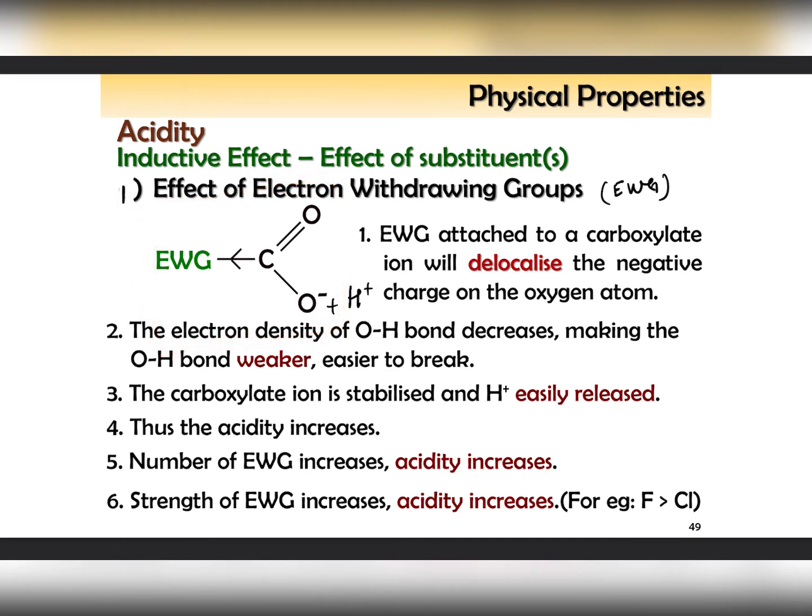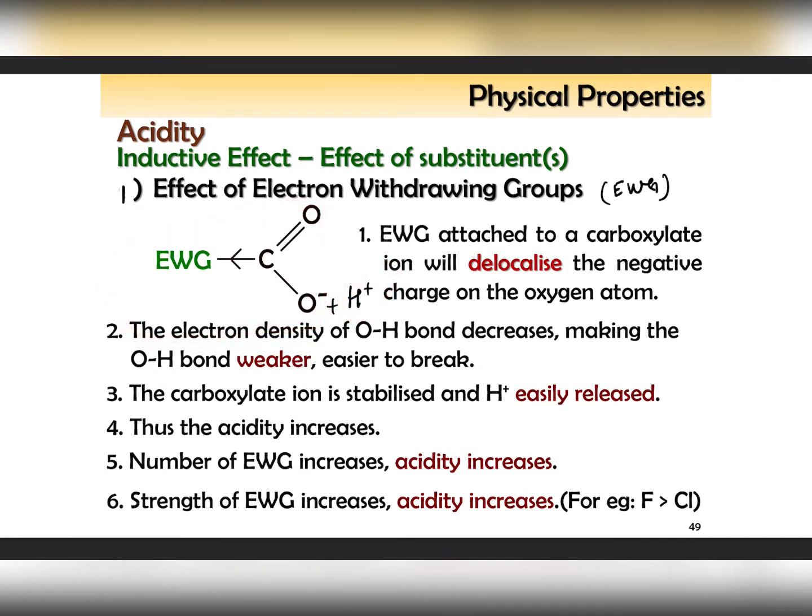So bila concentration of H plus ion tu tinggi, that means the acidity increases, and kalau kamu ada the number of electron withdrawing group increase, lebih banyak, the acidity will also increase. Okay, sebab dia akan lebih menarik the electron density towards electron withdrawing group and make the OH bond just now becomes weak and easily to be break and form carboxylate ion and H plus ion.